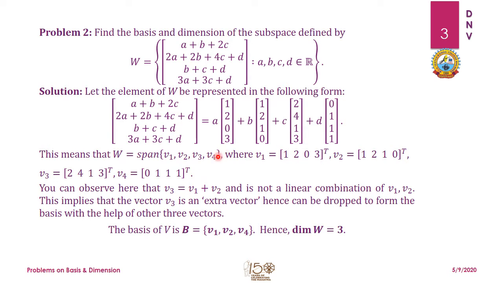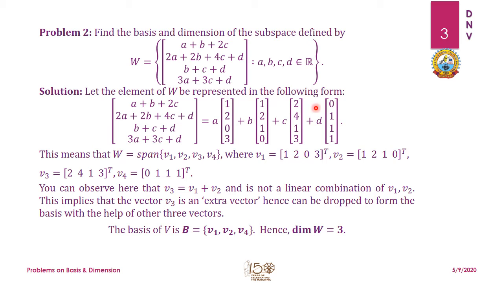But we have to verify that this v4 is not a linear combination of any other vectors. So we can see that the vector v4 is 0, 1, 1, 1. This 0 cannot be obtained with the help of these in any case. If I put 0 here, it will make all of them 0.